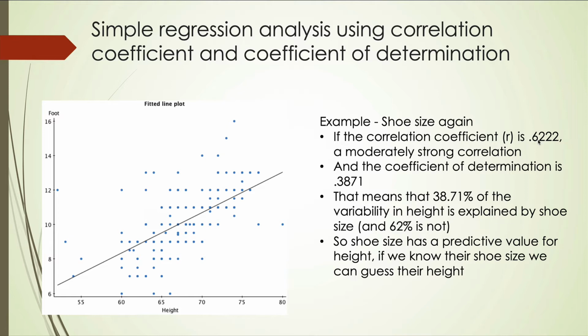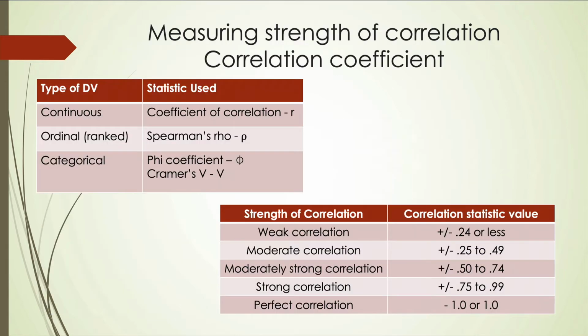That tells us how correlated these two numbers are. 0.622 tells us that there's a moderately strong correlation. It's a positive number, so there's a moderately strong positive correlation between the size of your foot and how tall you are.